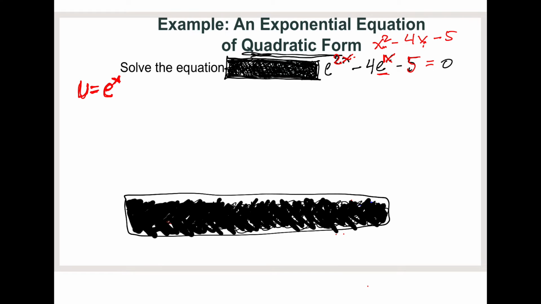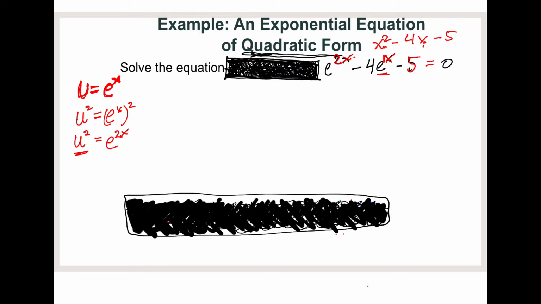All right, so if u is equal to e to the x, then if I square u, we square the left-hand side, then I would square the right-hand side, so e to the x would be squared. This would leave me with u squared equals e to the, using the power rule, 2 times x, right? e to the x power raised to the second power gives me e to the 2 times x.